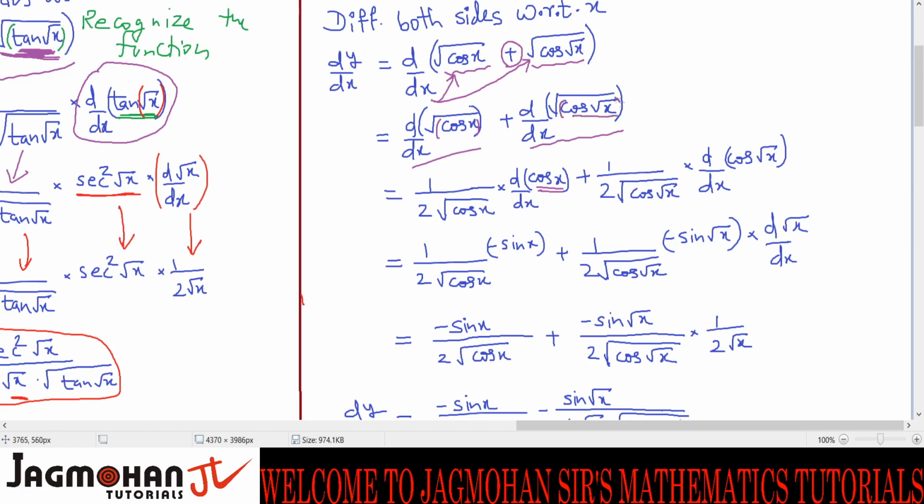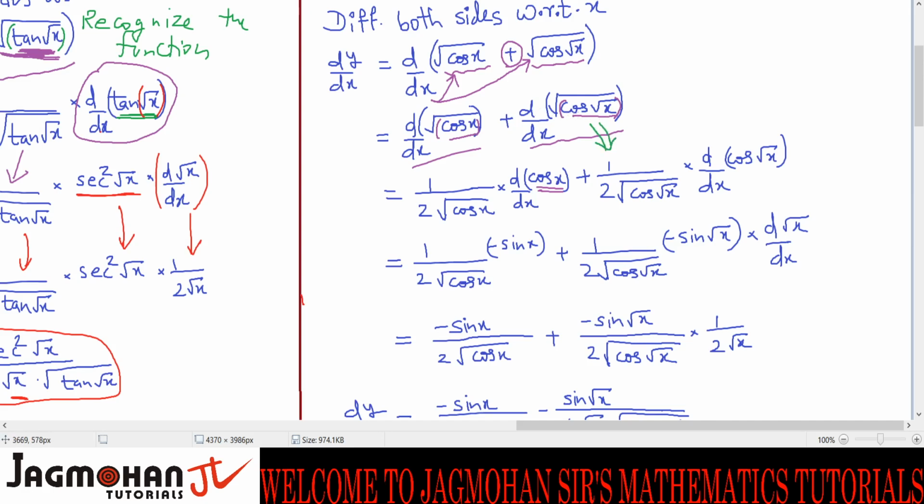See, this is f of x. This time f of x is this. You can just check here. You know, d by dx of root f of x. f of x was cos x, but here f of x is cos of root x. So 1 upon, now derivative of this is this thing here. You know, here I have written derivative.